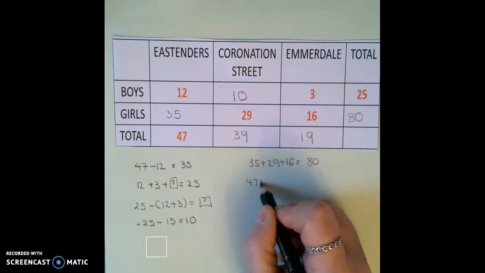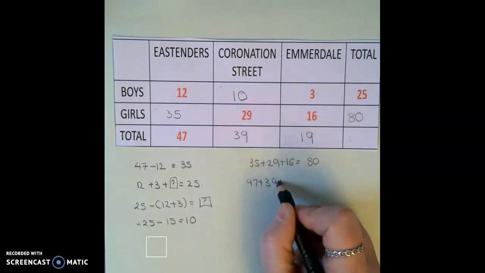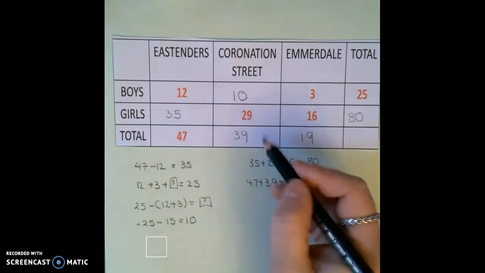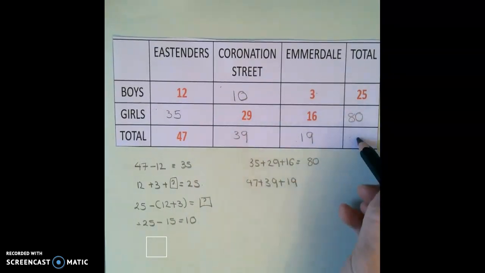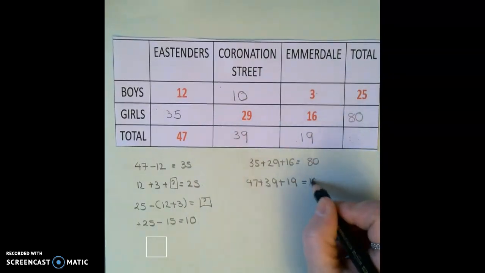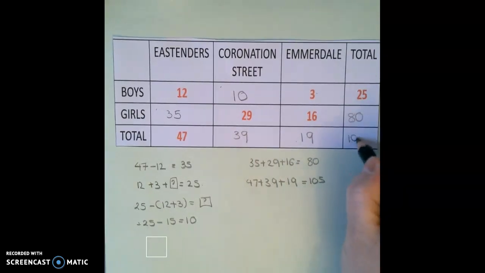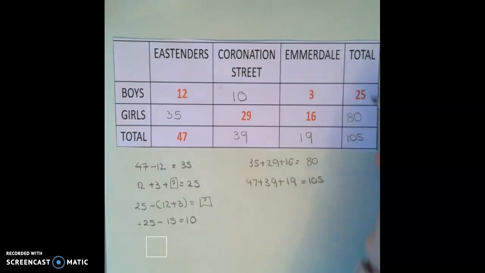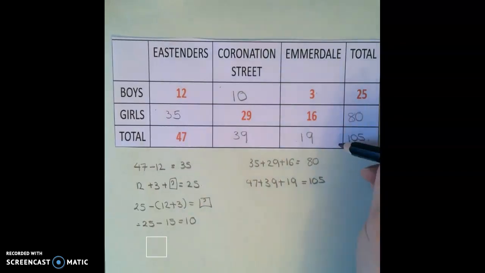And 47 add 39 add 19 equals this missing gap here. You could have also worked that out by adding the 25 and the 80 together. That should also equal 105 because the row total and the column total are the same number.